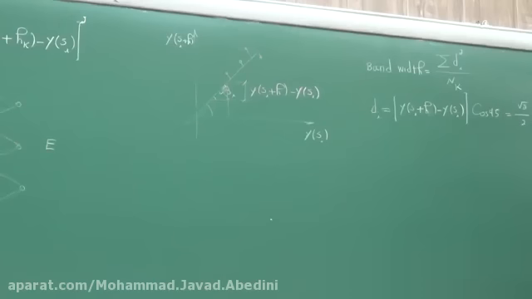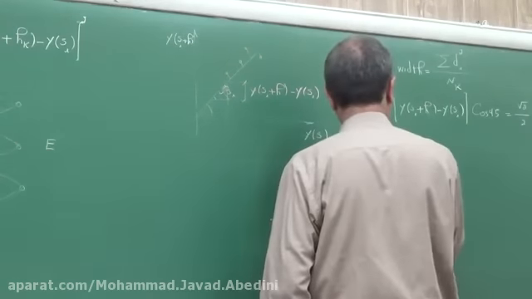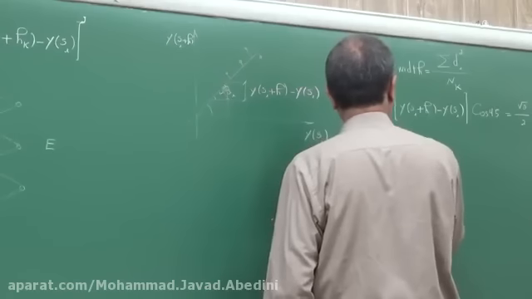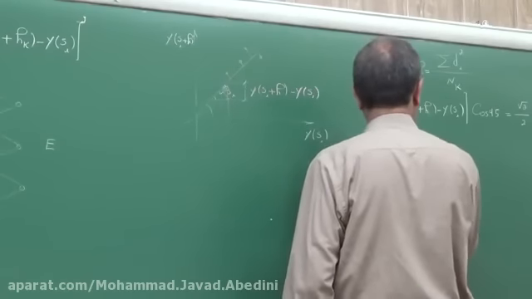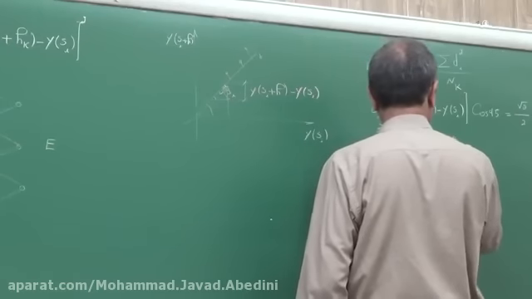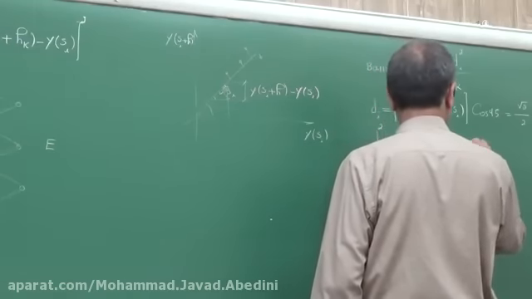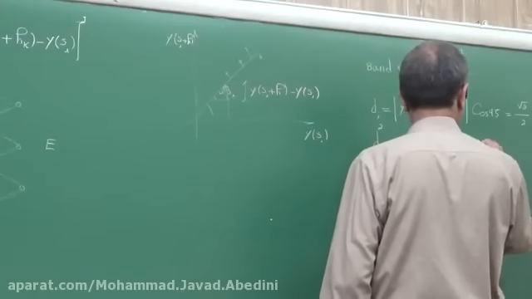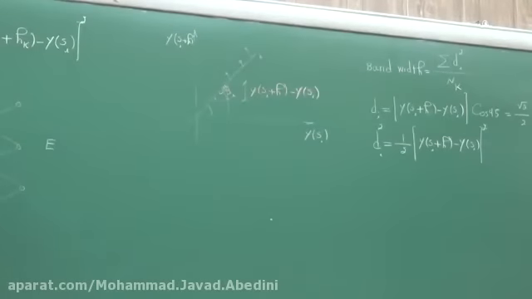Raise this to the power of 2 and then plug it in there. di to the power of 2 is equal to 1 over 2. If you plug this value in there, you will find this.